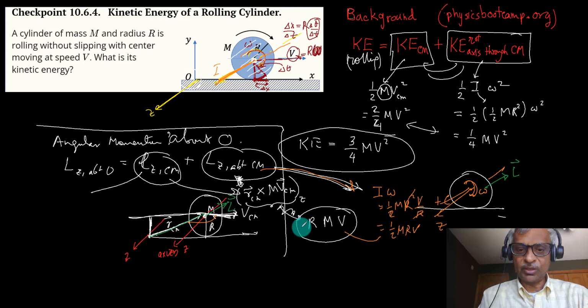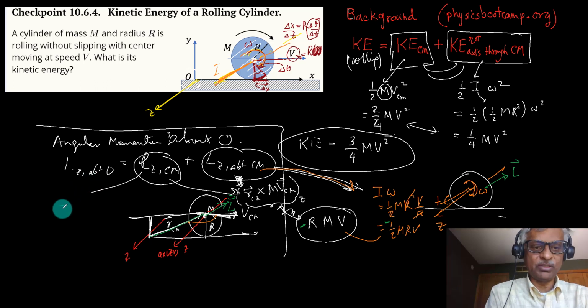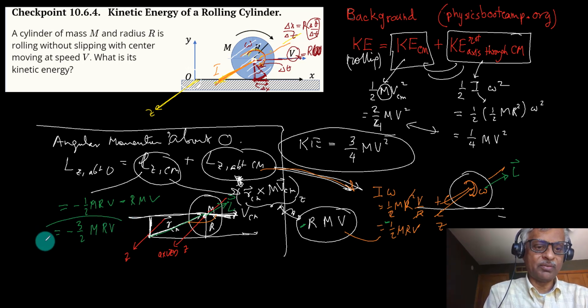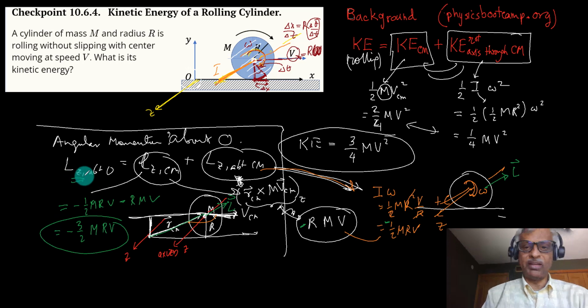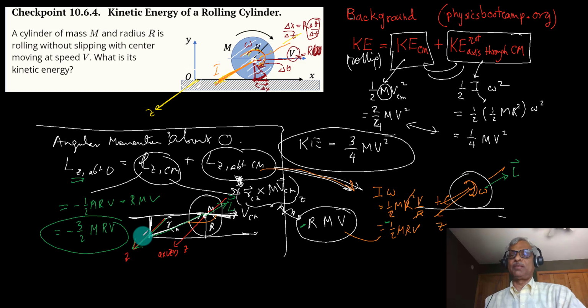So this is actually minus here and minus here, for the Z component. This will be minus one half m R V minus R m V. So it's going to be minus three over two m R V. And we're talking about the Z component, where Z is coming out of the board.